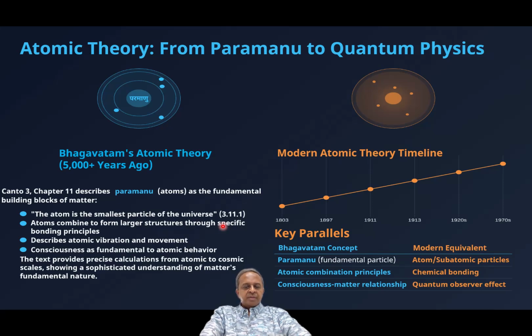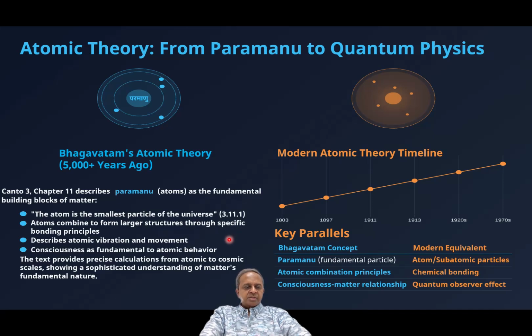The text describes how Paramanu join together through specific affinities and repulsions, forming increasingly complex structures. It explores how certain combinations are stable while others are temporary. Again, remember your chemistry lessons, physics lessons, and how atomic arrangements determine the properties of larger substances.